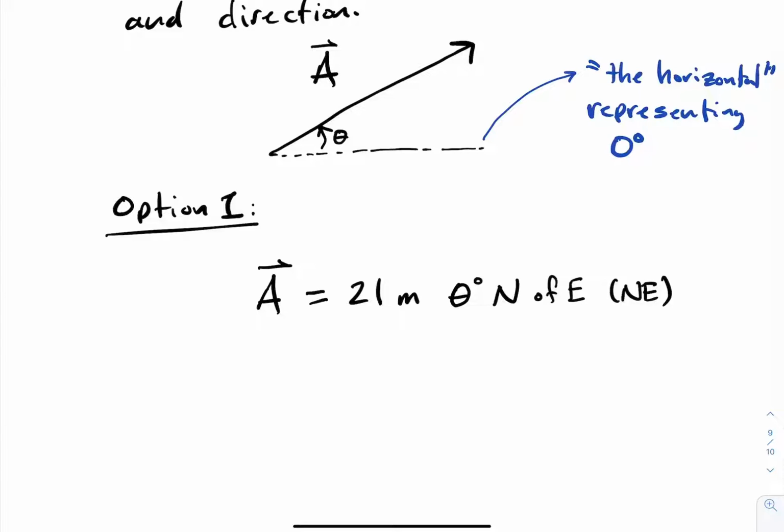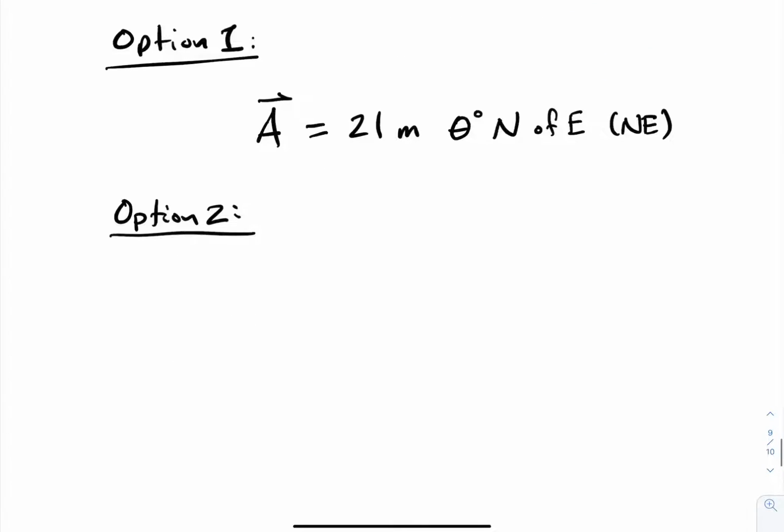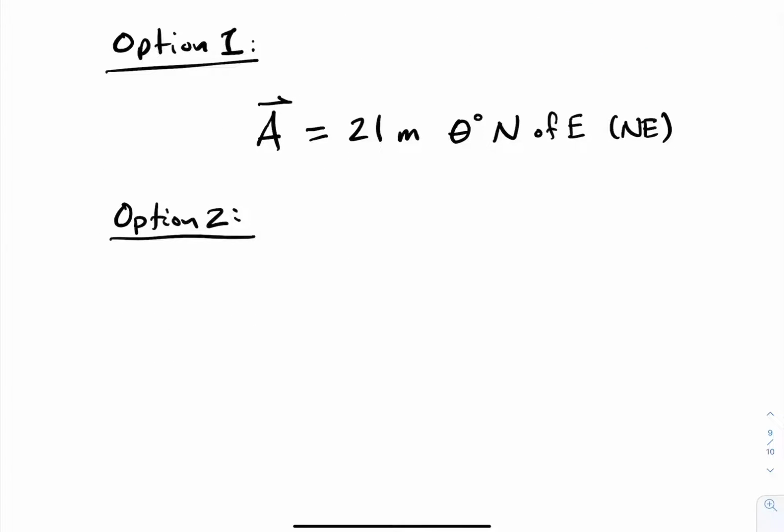Another option is actually very pictorial. You could rely on a picture to give an answer. Seems crazy, I know, but it's true. I'll just redraw it. So we could say that A has a magnitude.